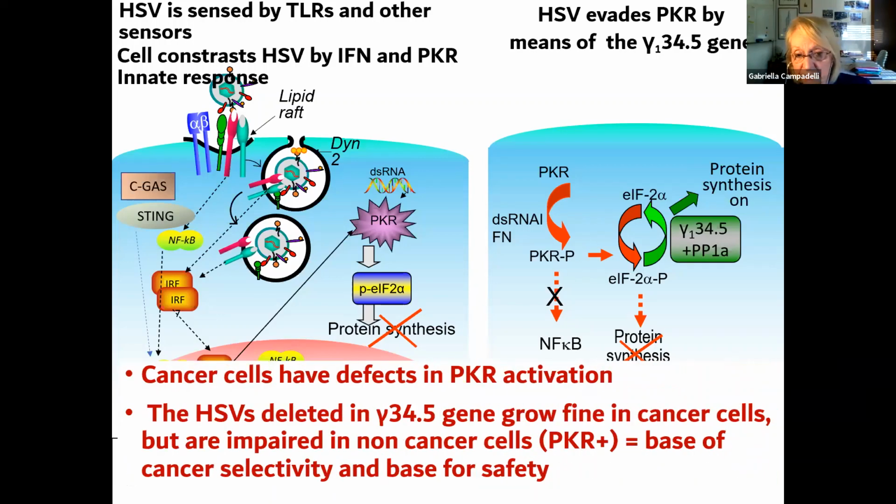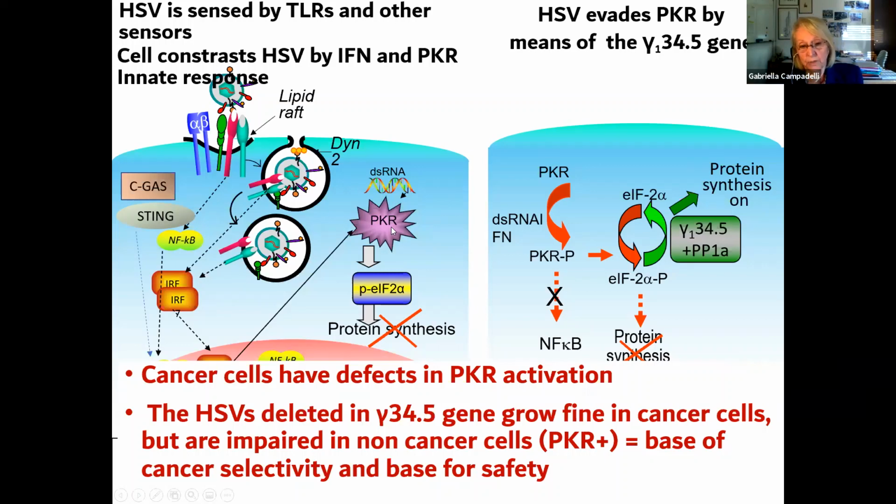Cancer cells have a defect in PKR activation, so cancer cells do not activate this pathway. And a virus deleted in 34.5 can replicate well because the cancer cells do not have the PKR.